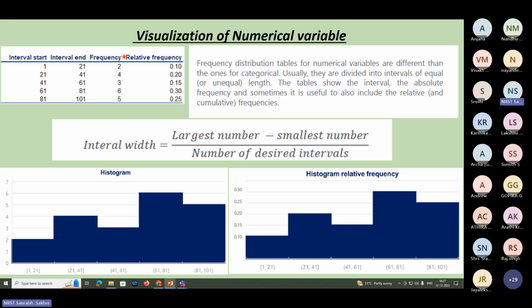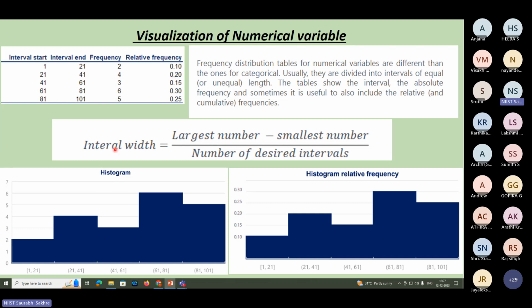In that 1 to 21, I have observed two values. In 21 to 41, I have observed 4. Then 41 to 61, I have observed 3. Likewise, I have prepared one table, and this is its relative frequency, meaning out of 100, how many times I have observed it.